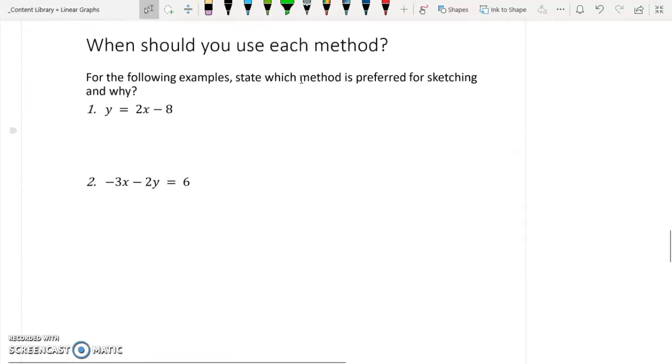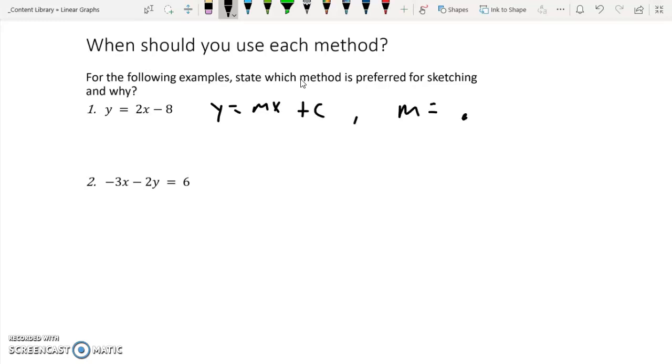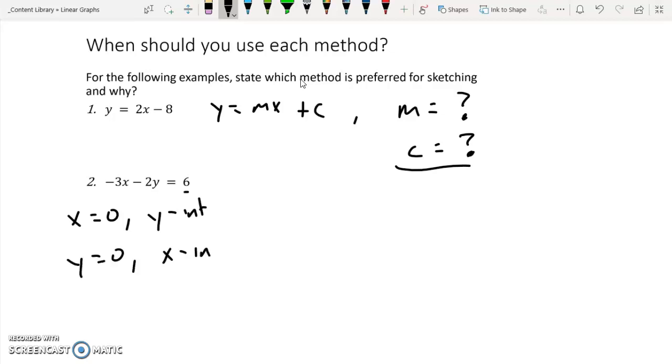You can make your own mind up, but if it's in y equals mx plus c form, we know what c equals, and then we can sketch from there. In this format, a simple substitution of x equals 0 gives us the y-intercept, and y equals 0 gives us the x-intercept. That will give us our 2 points, and that's all we need.